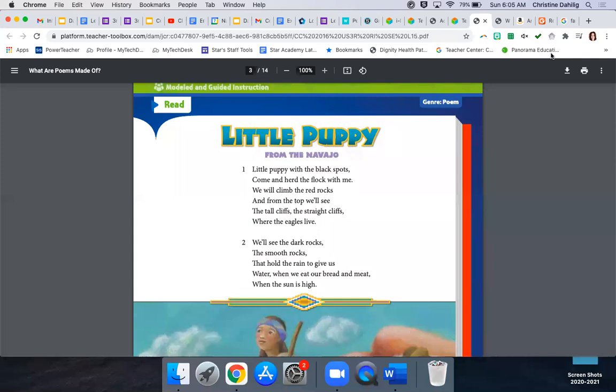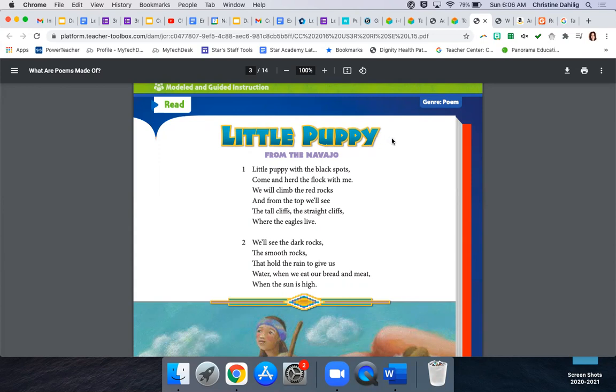All right, we are going to continue on page 244. We are now going to be reading a Navajo poem. It is entitled Little Puppy. Now, I would like to draw your attention here to what we call the byline of the poem. That is explaining to you that this poem is from the Navajo people, and they live in the southwestern part of the United States.